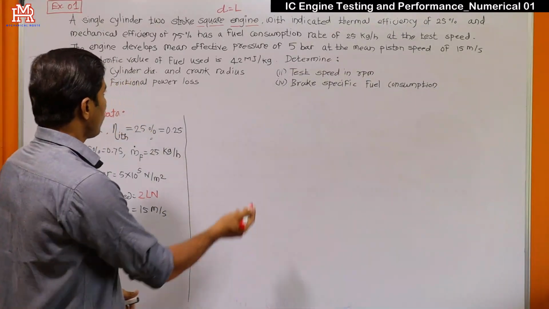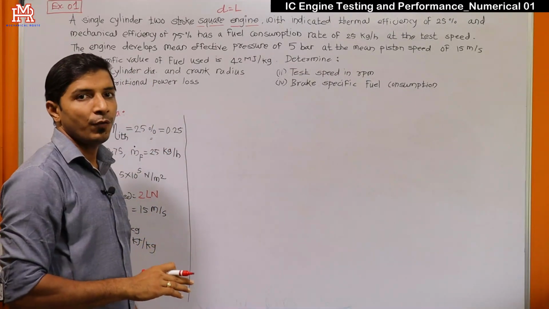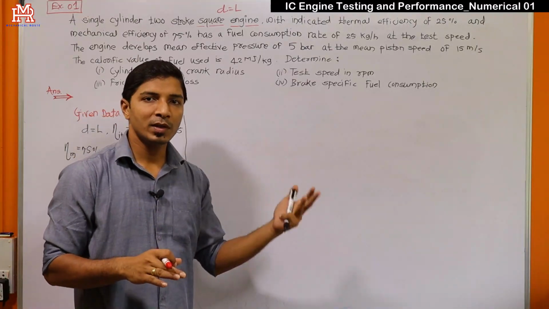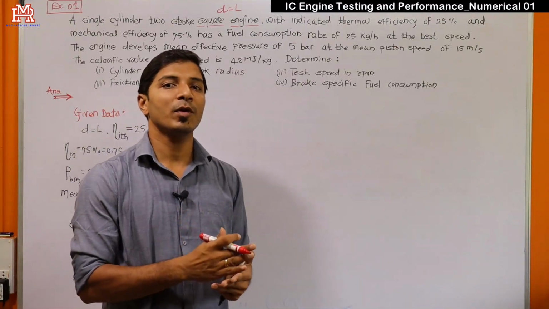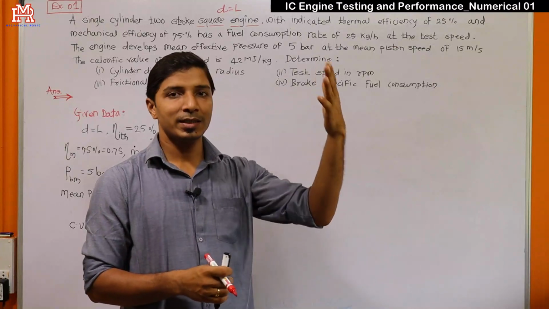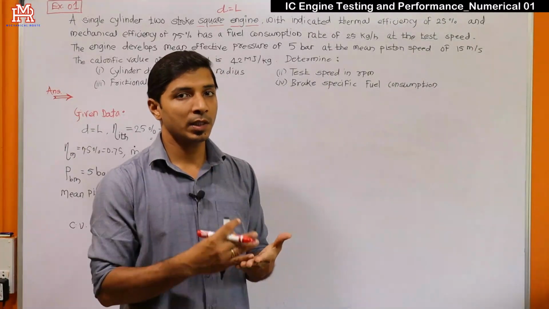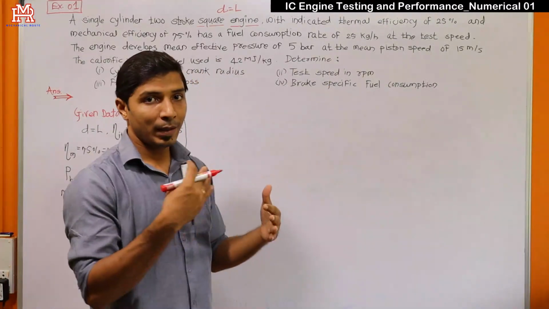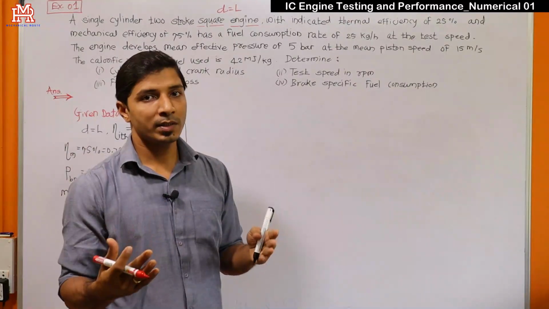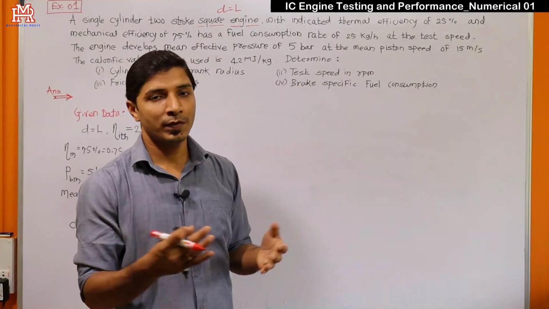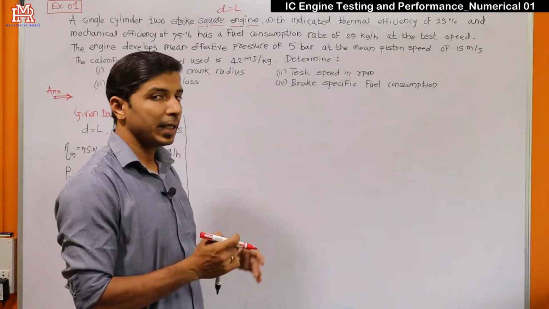Now you have to think what has to be calculated and which formula you can use. In my previous lecture, we discussed IC engine performance parameters, different IC engine powers: indicated power, frictional power, and brake power. Then we discussed different efficiencies like volumetric efficiency, thermal efficiency, and mechanical efficiency.